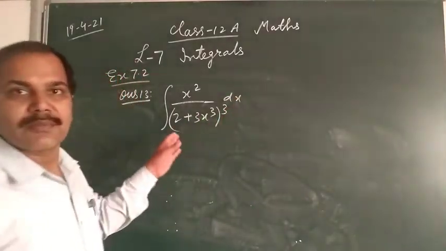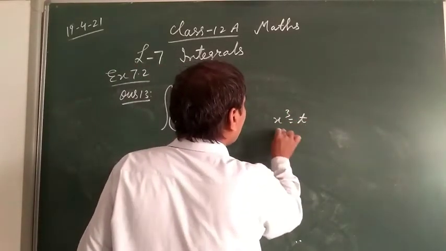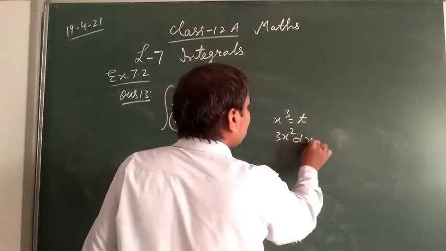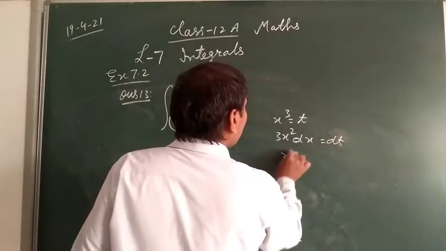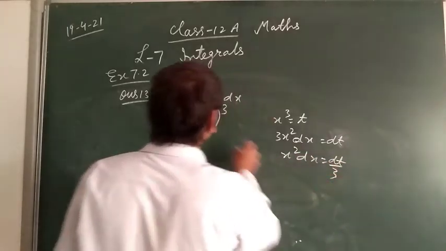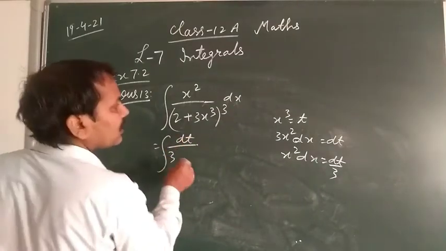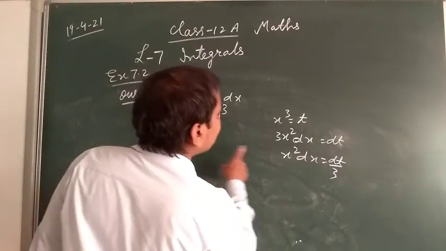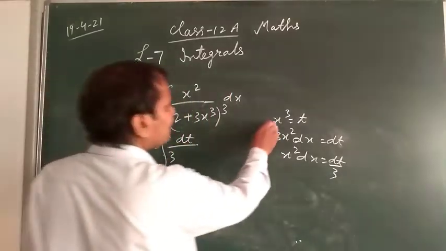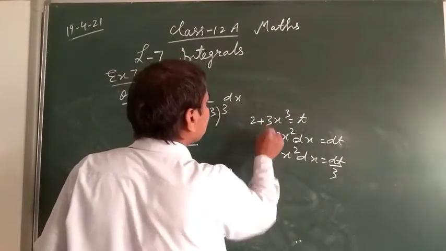So here also it is simple: suppose x cube is t. Differentiating, 3x square dx equal to dt, so x square dx is equal to dt by 3. Or directly you can suppose 2 plus 3x cube is t.